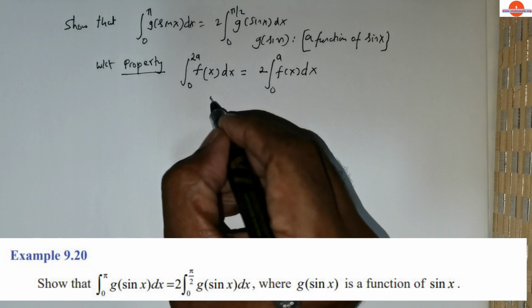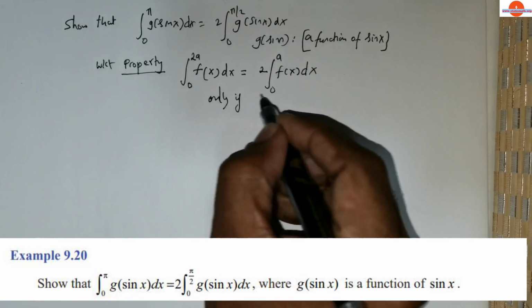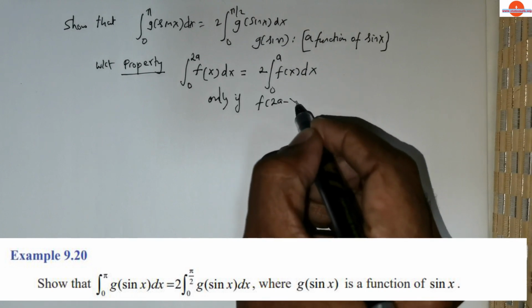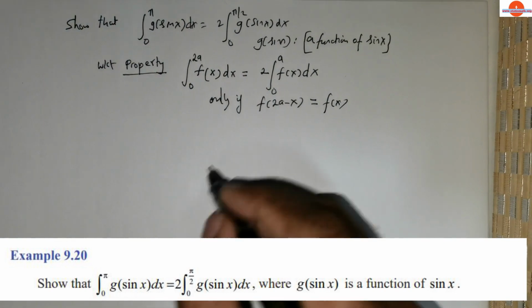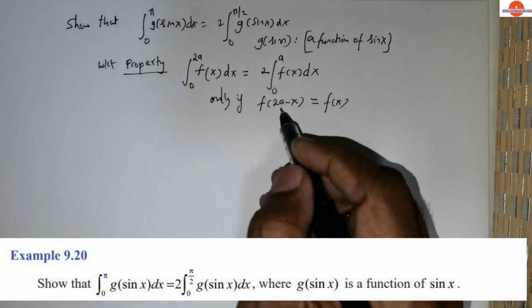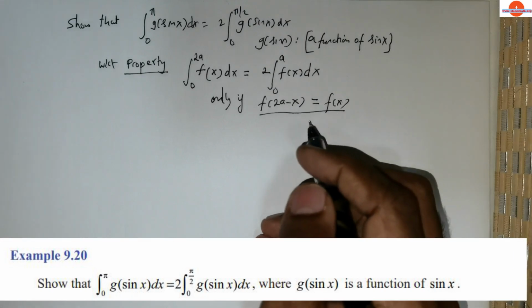Now, this is true only if f of 2a negative x is equal to f of x. So, for this property to hold good, f of 2a negative x should be equal to f of x.